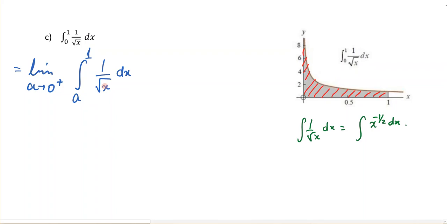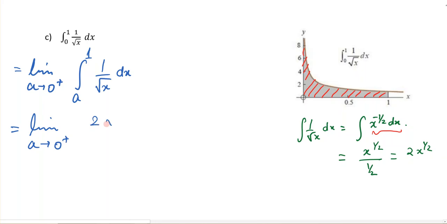So let's take a moment to think about what the integral of 1 over square root of x dx is. It can be written in the power form like this, and we know that we increase the power by 1 and divide by the new power, so we get 2x raised to power half. So this integral can be written as limit a approaches 0 plus, 2 square root of x, and the limit goes from a to 1.